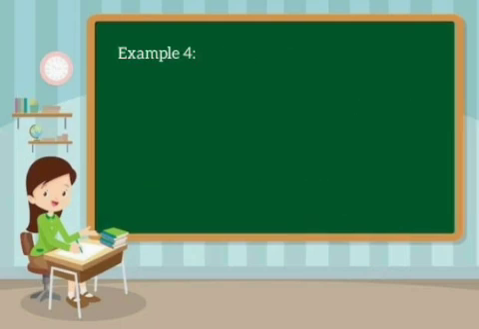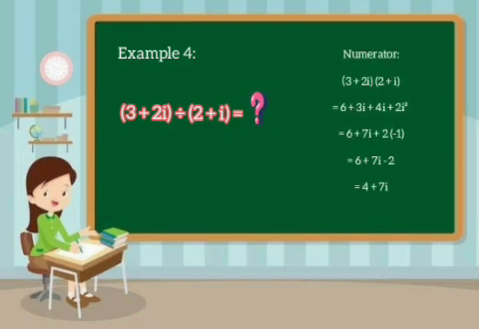Alright, now we have example 4. Divide 3 plus 2i by 2 minus i. Multiply numerator and denominator by the conjugate of the denominator, which is 2 plus i.